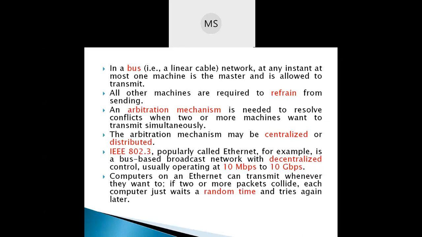So in Ethernet, any system can transmit data at any instant of time. If a collision happens, the system will wait some time and again transfer the data. That is what happens in Ethernet.